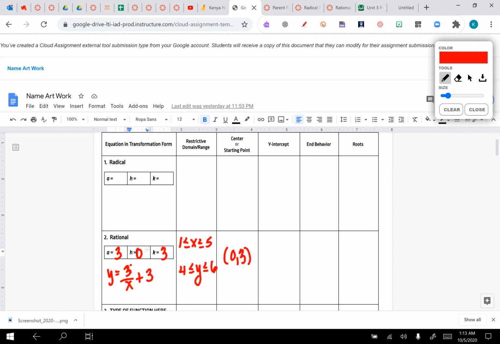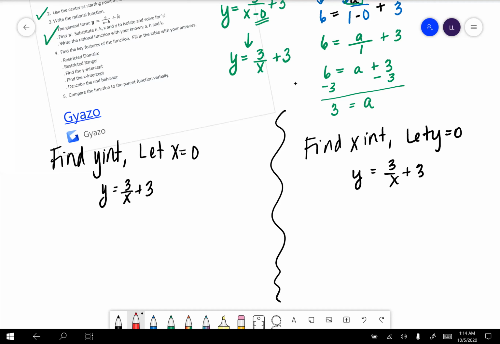Now we just have to find the y-intercept, the x-intercepts, and the end behavior. All right, so let's get started. We're going to let x equal 0. So y is equal to 3 over 0 plus 3.